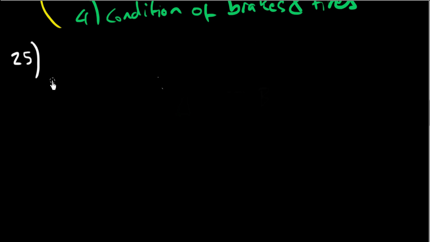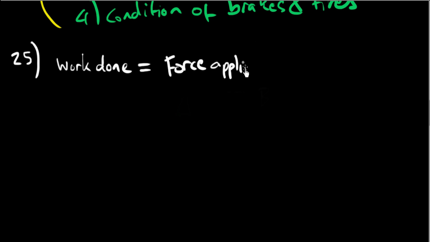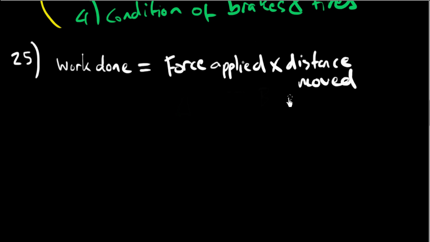A crazy dog drags a big branch, some other stuff. So first I'll do the work done. The formula for work done is what they're asking us for. The formula for work done is the force that you're applying to something, applied force, times the distance moved.